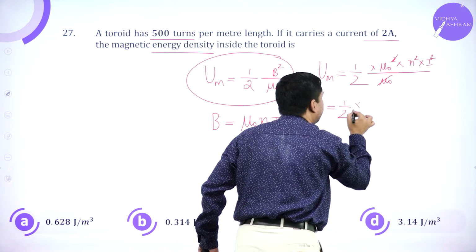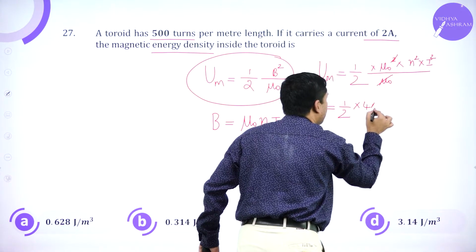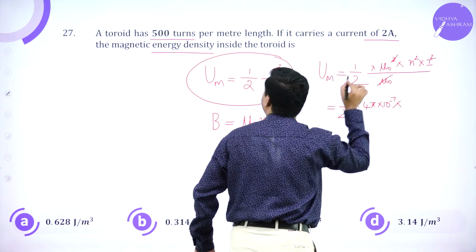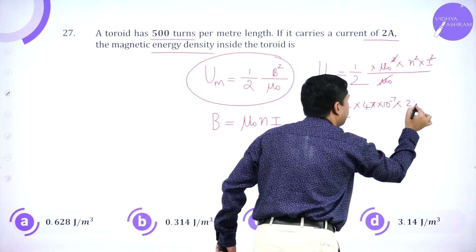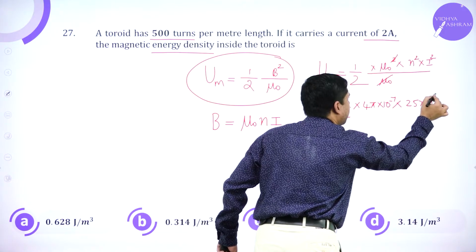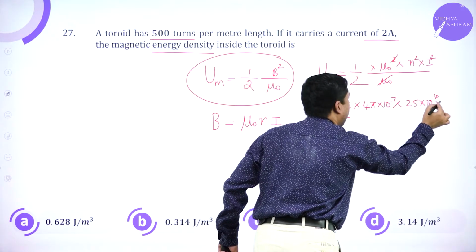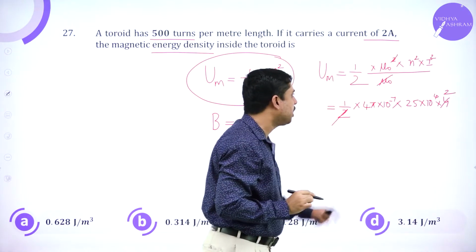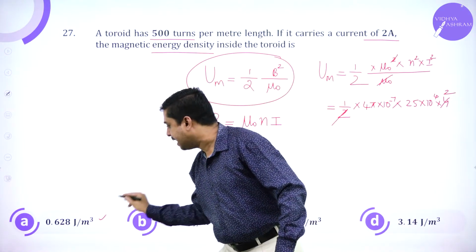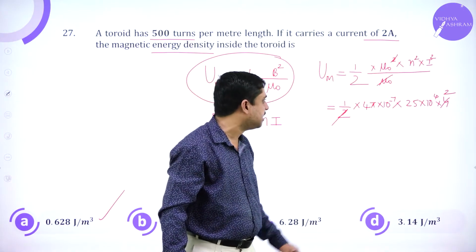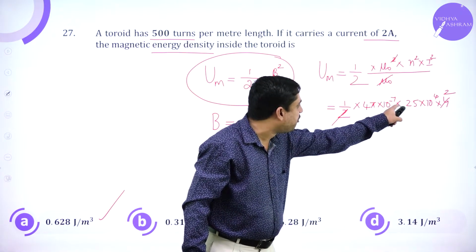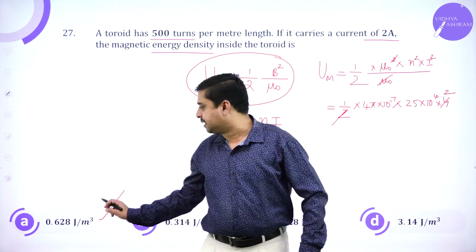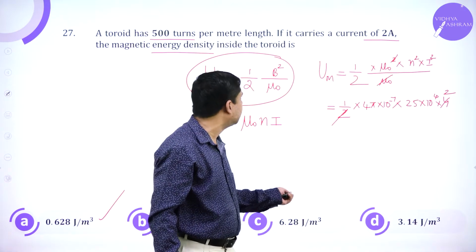So half into value of mu naught, 4 pi into 10 power minus 7, n square, 25 into 10 power 4, 2 amperes. So on simplification this goes out. When you simplify, again the first option should be the answer. 25 into 4 nearly 100, nearly 3.14. Yes, 0.628 should be the answer.